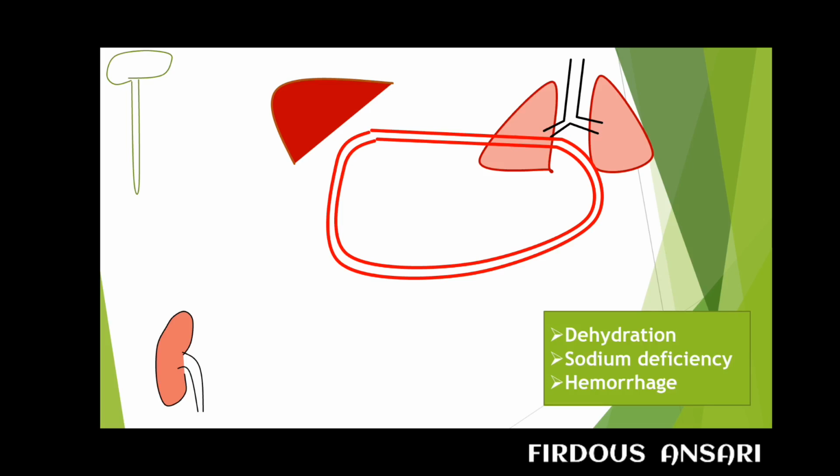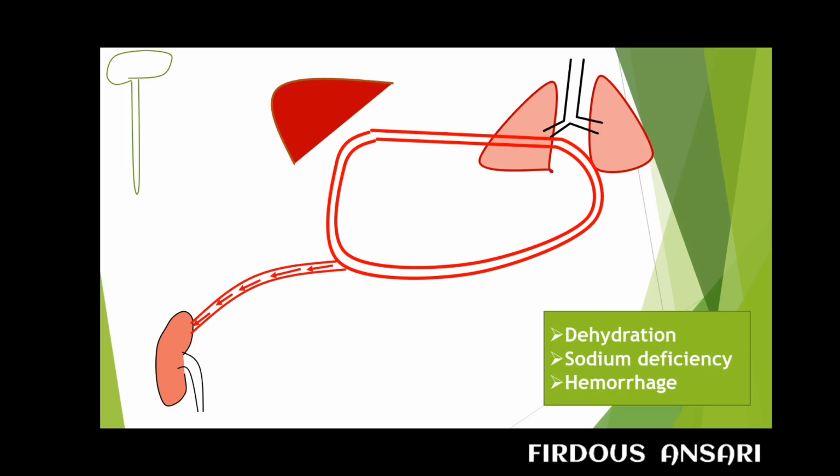As such, blood volume is decreased, that decreases the blood pressure, and as blood pressure falls, the blood supply to various organs also decreases. Similarly, the blood supply to the kidney is reduced. Now, we know that kidneys are made up of millions of small units known as nephrons.